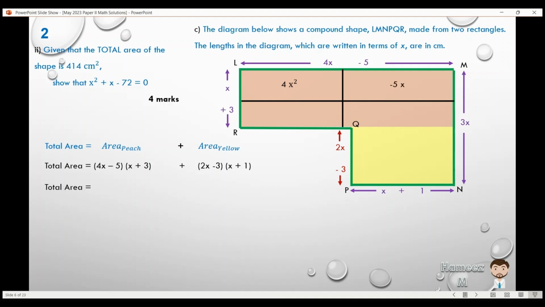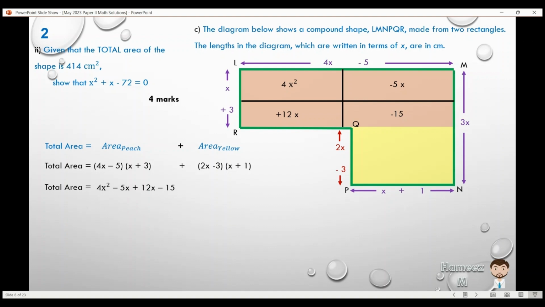And the bottom left side, length and breadth will be 4x and 3. So 4x times 3 is 12x, plus 12x. And the bottom right side, plus 3 times minus 5 for length and breadth, minus 15. So we're able to come up with that version of expanding the brackets. So we have 4x squared minus 5x plus 12x minus 15. Or some people can simplify the x's and get plus 7x.